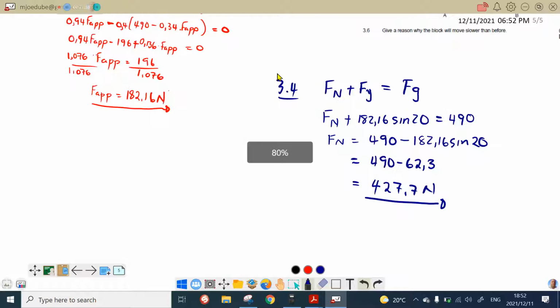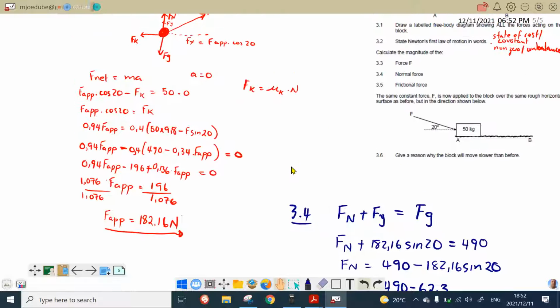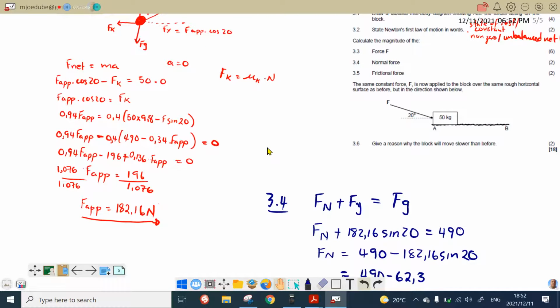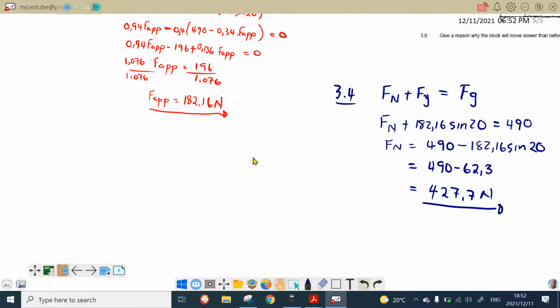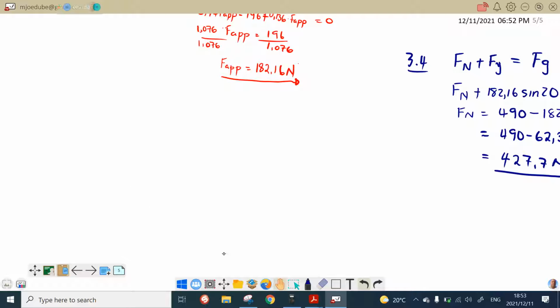The next question is question 3.5. You are asked to calculate the magnitude of the frictional force. Fk, the magnitude of the frictional force, is equal to mu k times the normal force. We now have the normal force.